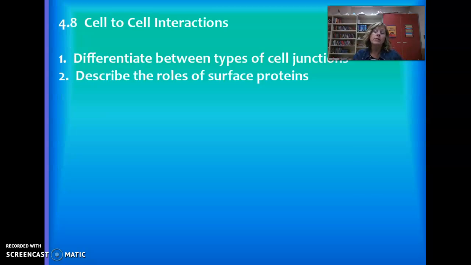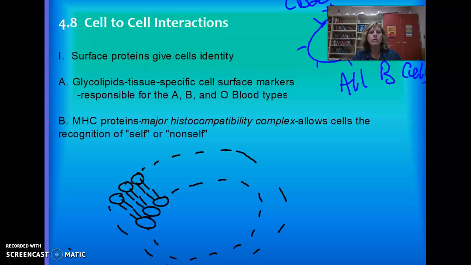Okay, so something that you haven't talked about before in 10th grade biology is how cells communicate with each other. So there's cell-to-cell interactions, there's junctions between cells that have really important jobs, and we're going to talk about those next. So first of all, we said that the cell membrane is this phospholipid bilayer, and they're held together by hydrophobic and hydrophilic properties.